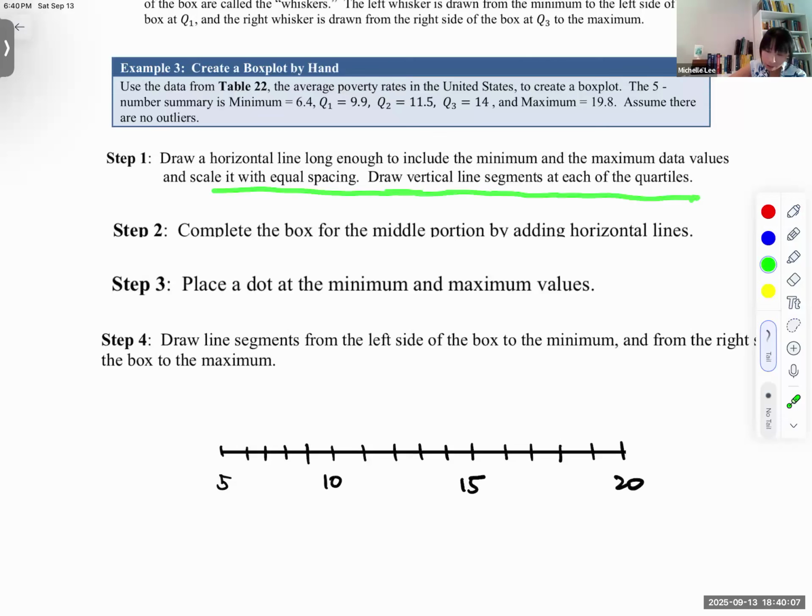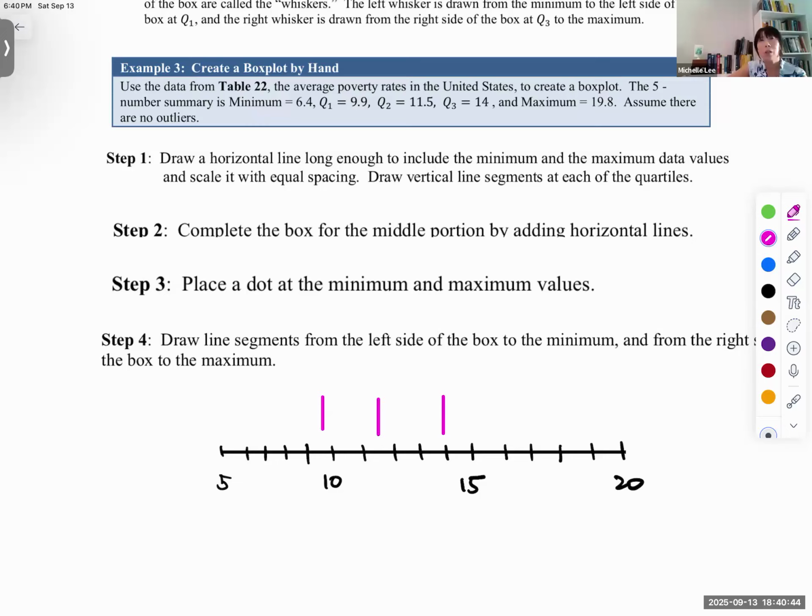So quartile Q sub 1 is 9.9, Q sub 2 is 11.5, and Q sub 3 is 14. So let's draw 9.9, and 11.5, and 14.